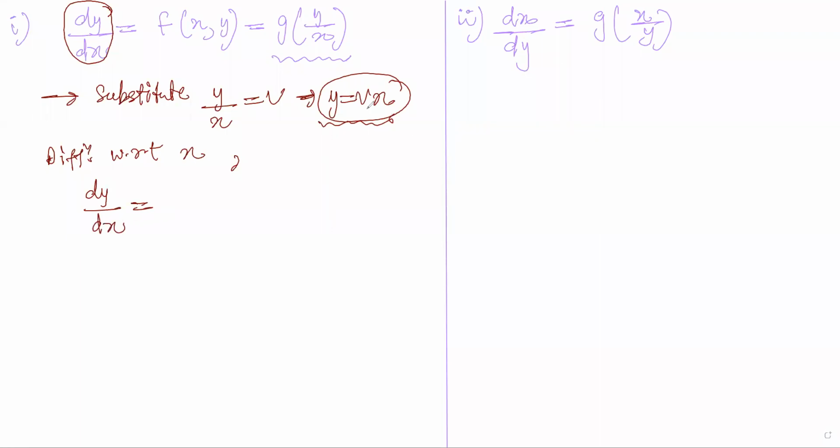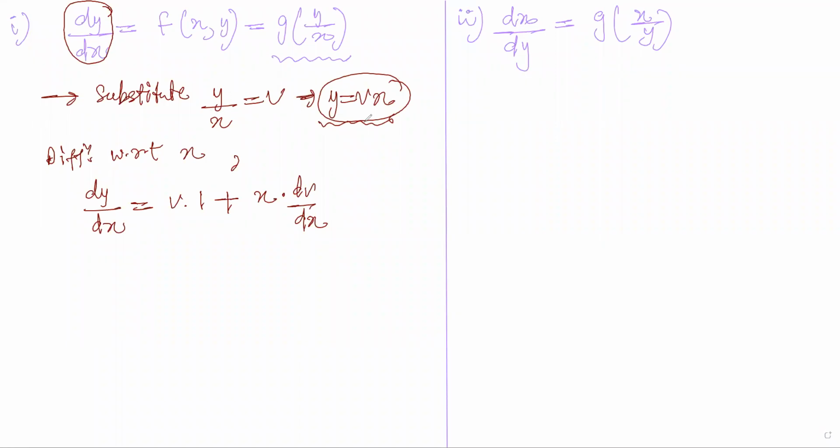Then you have to apply the product rule to solve vx. While applying the product rule, this would become v as it is, and the differentiation of x would be 1, plus x as it is, times dv by dx. Now just remember, v is also a variable. You are replacing a variable, so a variable will be replaced only with another variable.